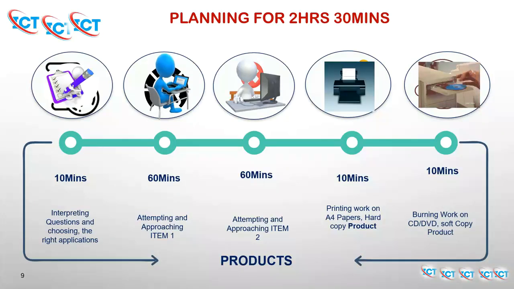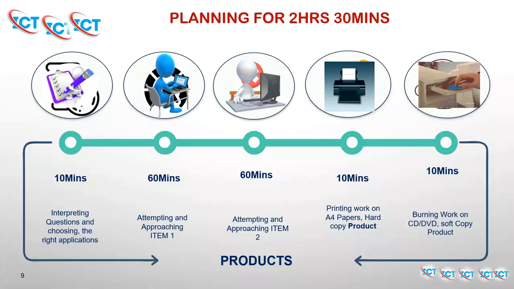Take 10 minutes printing your work on A4 papers. That is the hard copy product. After printing your work, you can finally burn what resembles the printout. So take 10 minutes in burning your work on a CD or DVD. That is the soft copy product. So this is the planning that you can use.